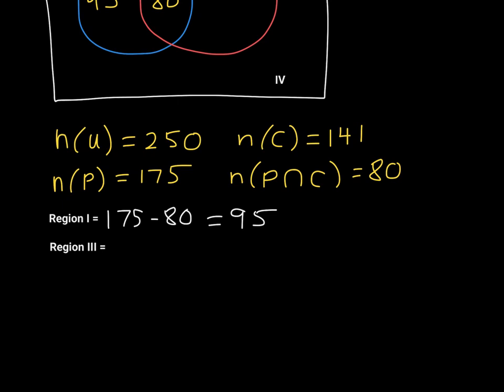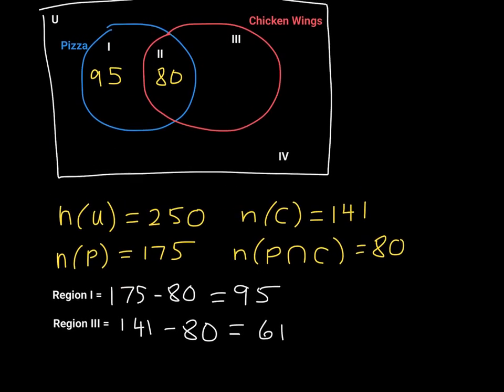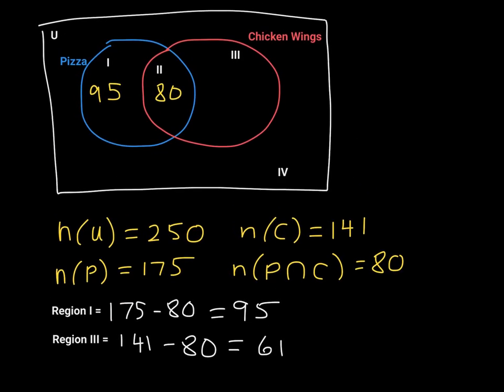We know that there are a total of 141 people that ordered chicken wings, minus the 80 in region 2 that we've already counted, right? That leaves us with 61. That means 61 customers ordered chicken wings, but they did not order pizza.